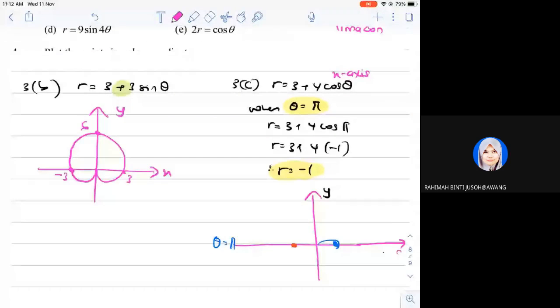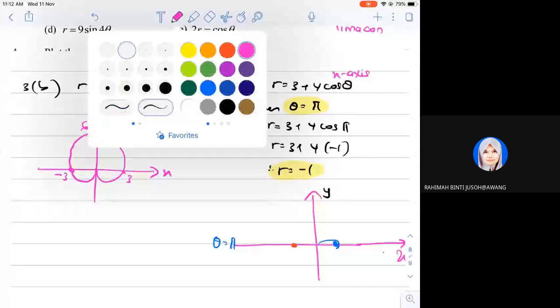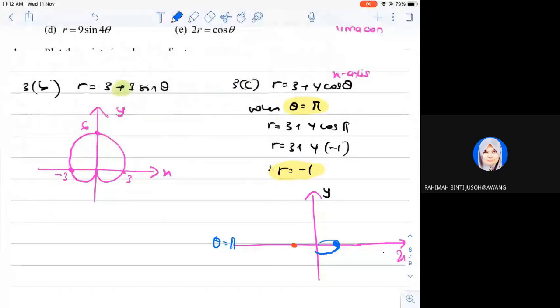So you will have something like this. Okay, you will have Limakon with inner loop. Macam tu. Okay, so the value here is 3 plus 4, 7, and the value here should be 1.